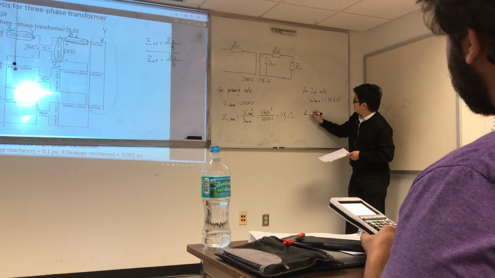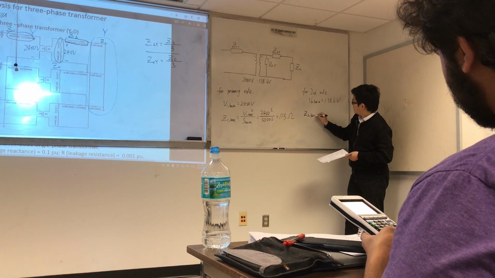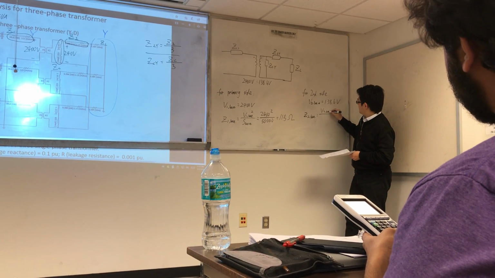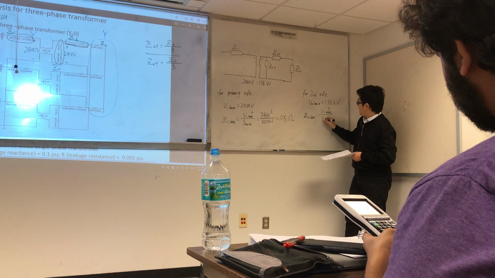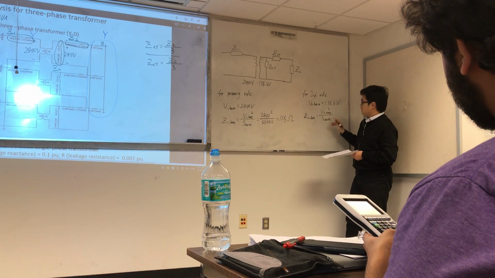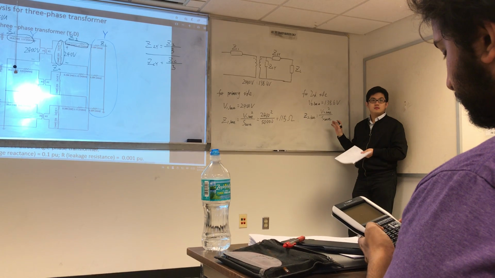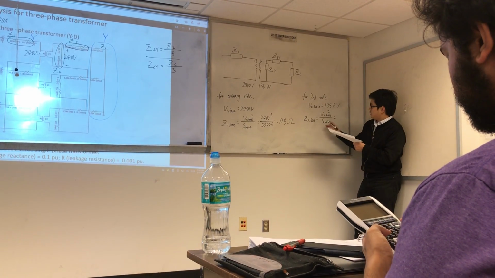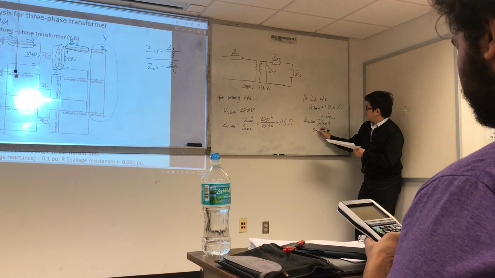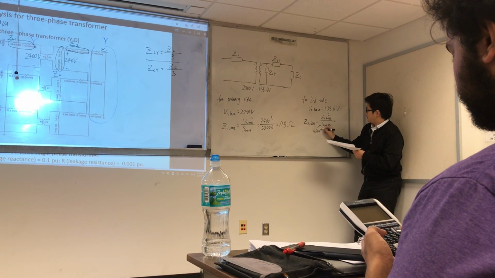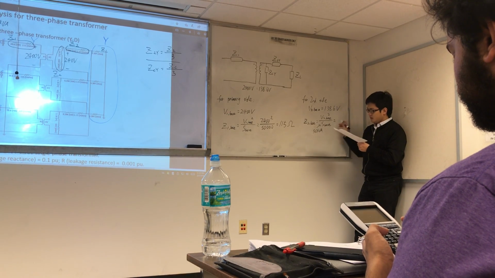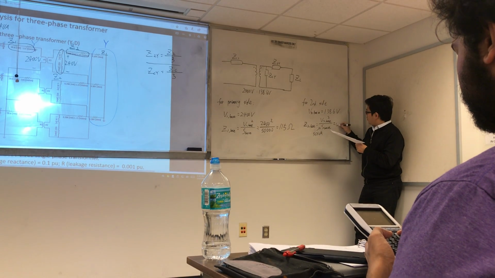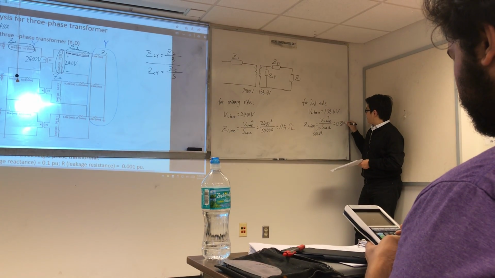How about Z2 base? The V2 base squared divided by S base. So what's the S base for the secondary side? Yeah, it's the same. This one is still 50 kVA. Okay. So the Z base for the secondary side is 0.384 ohm.